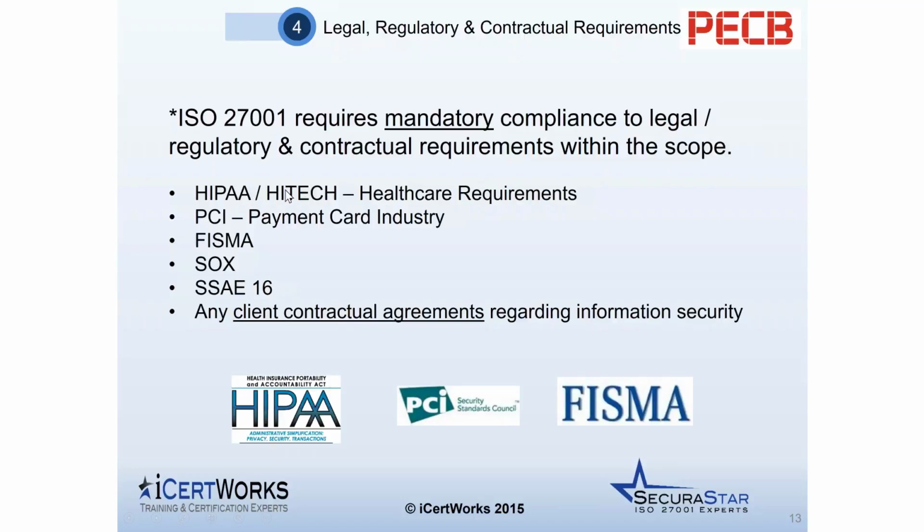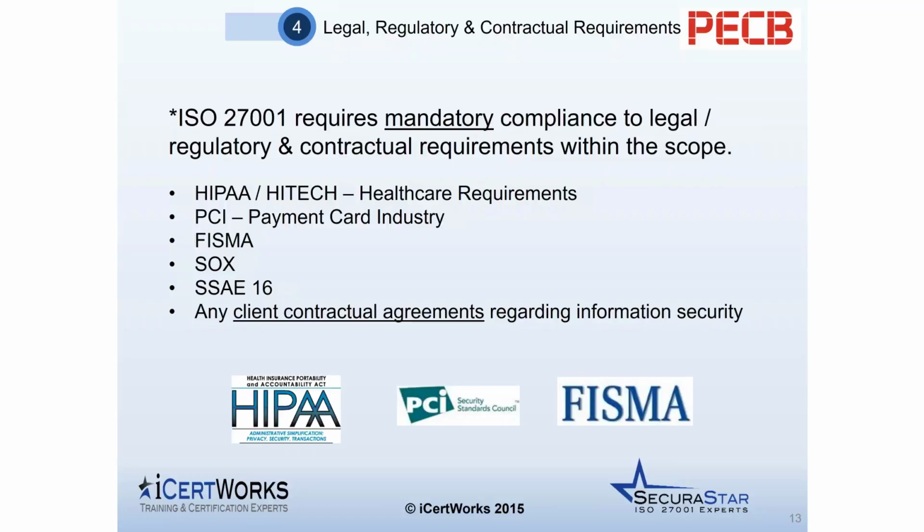ISO 27001 only requires that we can show that we can monitor and measure those things, so an actual compliance audit would work, but it's not required. Okay, so again, some other ones here: any client contractual agreements regarding information security within the scope. So the scope becomes very important here, what's in and what's out.